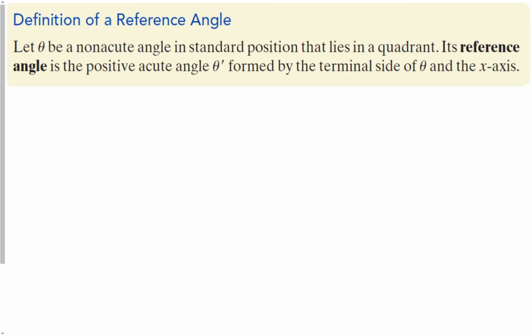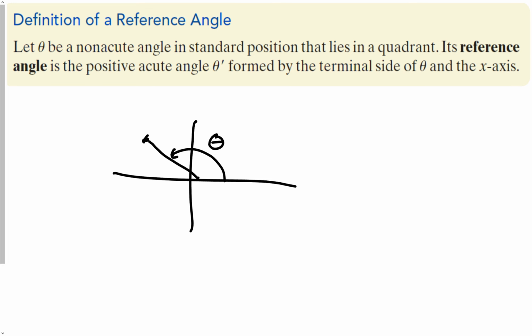And what a reference angle is: let theta be a non-acute angle in standard position that lies in any quadrant. Take this angle. Here's theta. Okay? It is non-acute, it's greater than 90, standard position, and it lies in quadrant 2.